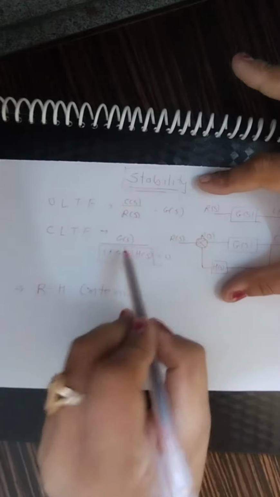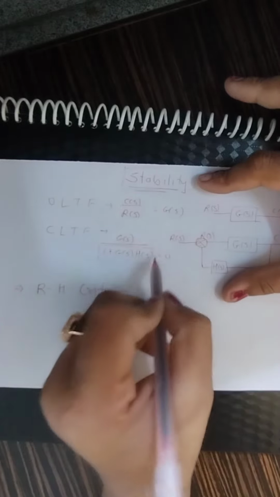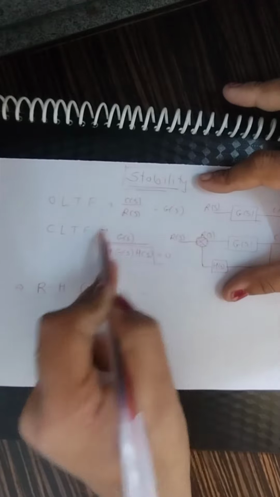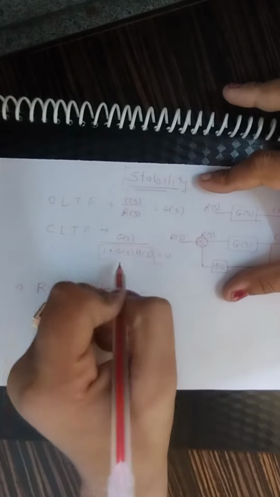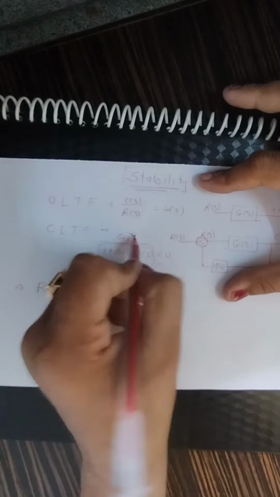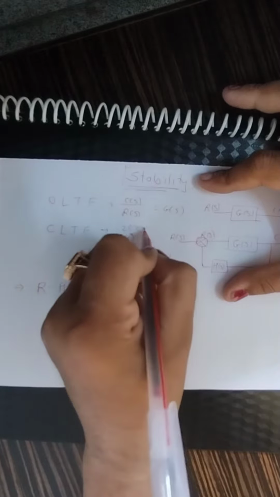Just take one thing: we call the denominator terms poles and numerator terms zeros. The roots of the denominator are poles and the roots of the numerator are zeros.